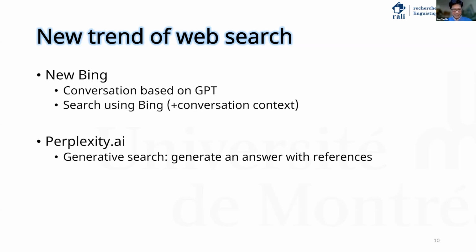We also have Perplexity AI, which will also generate answers by looking at the different references. So this represents, in my sense, the new trend for next generation web search, and I think this trend will be more and more applied in the future years.